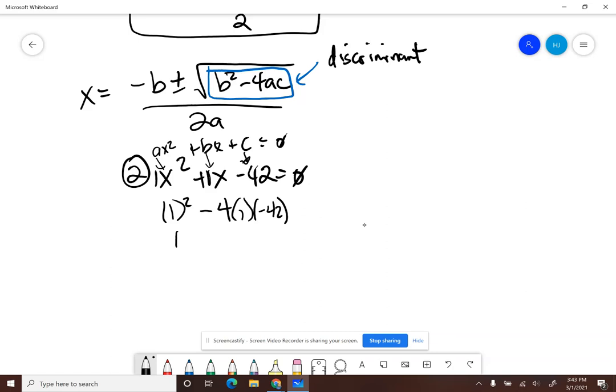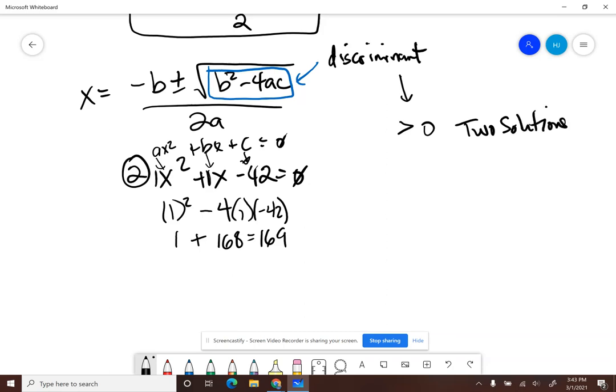Negative times the negative is going to be positive, so I'm really multiplying 4 times 1 times 42, which is going to give me 168. And so I'm going to end up with an answer of 169. So if my discriminant here is greater than 0, I'm going to have 2 solutions.